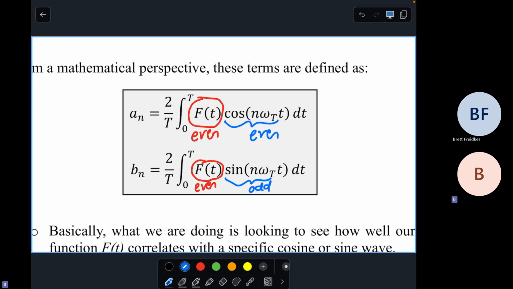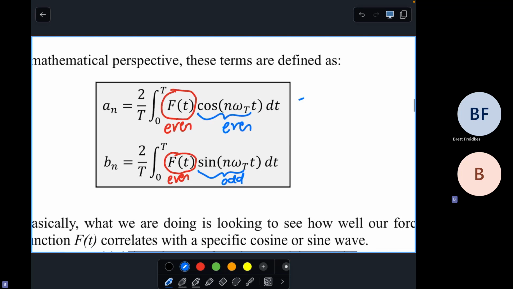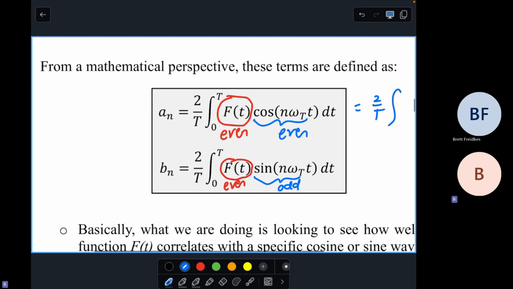Well, this is actually not the correct form. What would be the correct form? It's 2 over T. What do the bounds have to be? Yeah, negative something to positive something. They have to be equivalent about the integration. Because again, if you were to integrate an odd function like y over x, you have to go from like negative a to a so that this negative area cancels with that positive area.